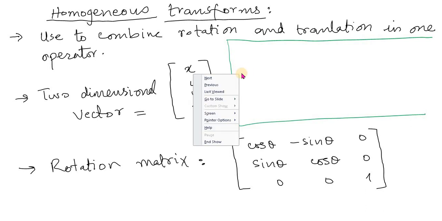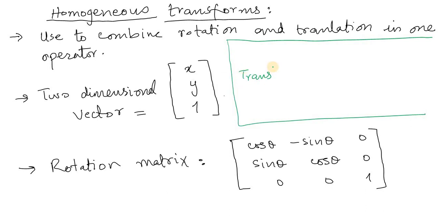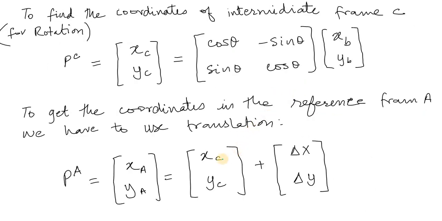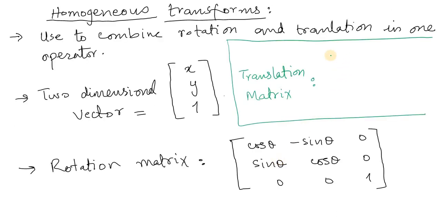So if you want to translate, the translation matrix, previously, if you remember, looked like an addition of two vectors, but this time we use a matrix that can only be multiplied. So it can be written as 1, 0, delta x, then 0, 1, delta y, and 0, 0, 1.